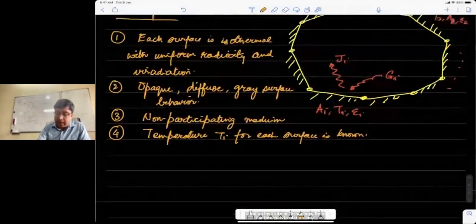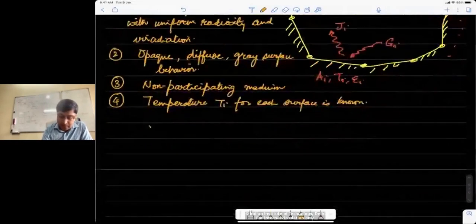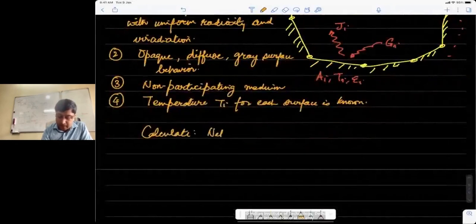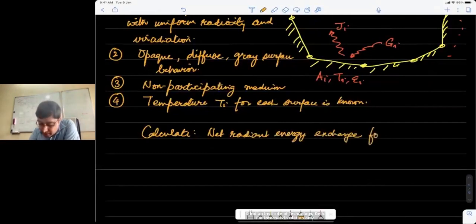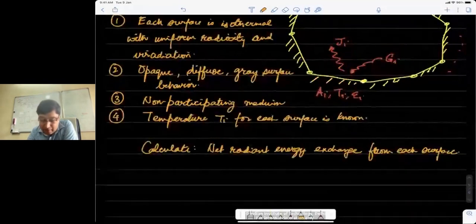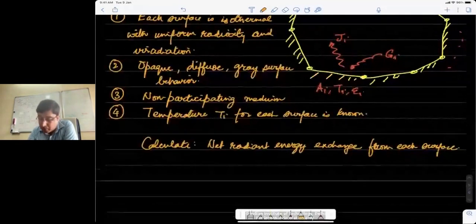So what we want to now calculate is the net radiant energy exchange from each surface, or by each surface. So how much radiation is each surface exchanging with its neighborhood.